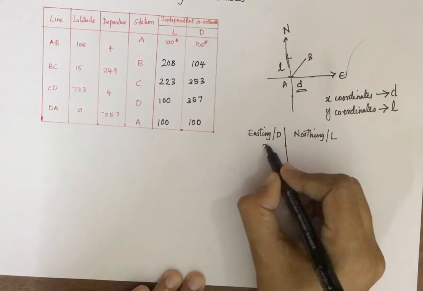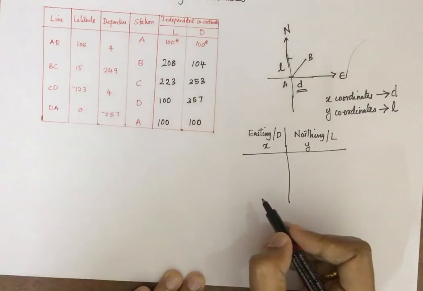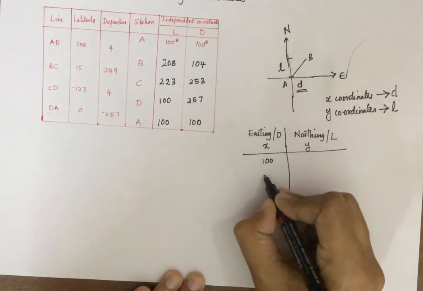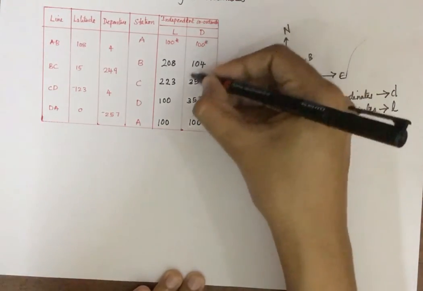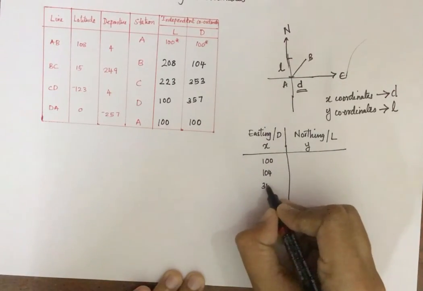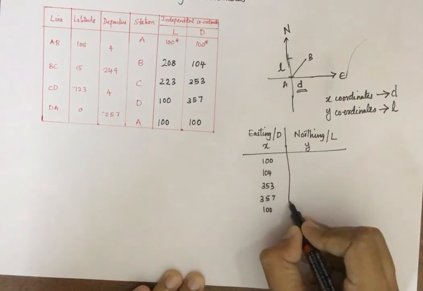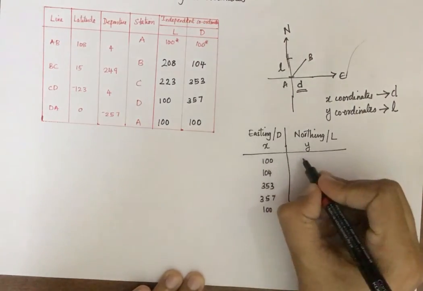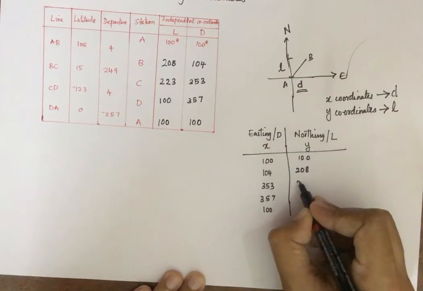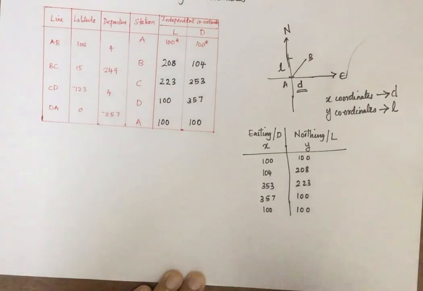This is our x coordinate, this is our y coordinate. You can write 100. Departure, so we are writing these values 104, 353, 357 and 100. Similarly, the corresponding latitude 100, 208, 223, 100, 100.